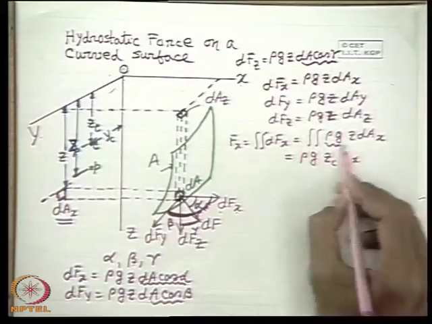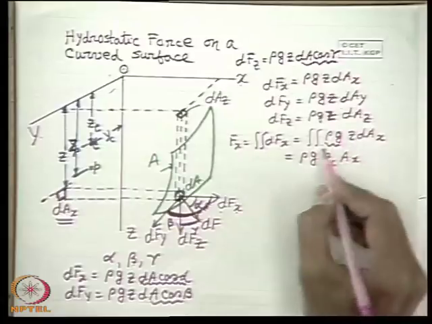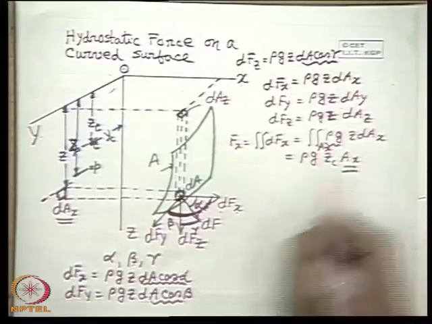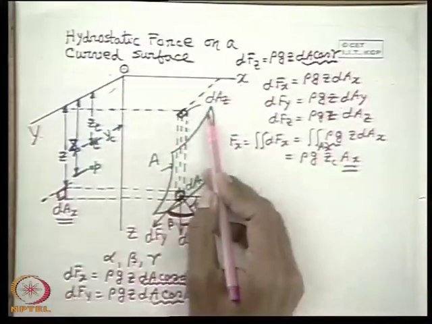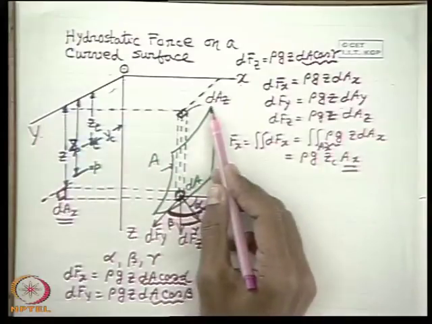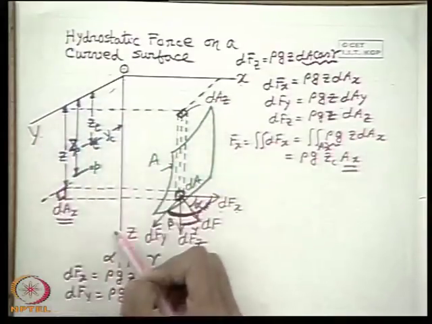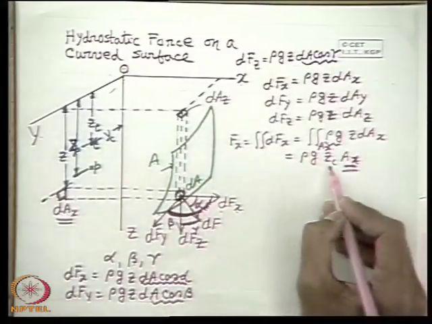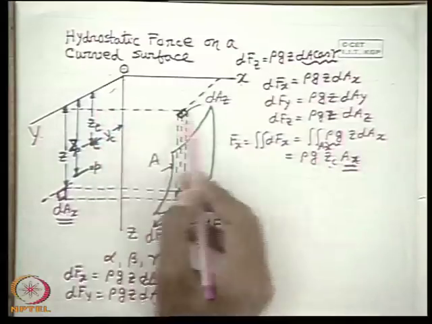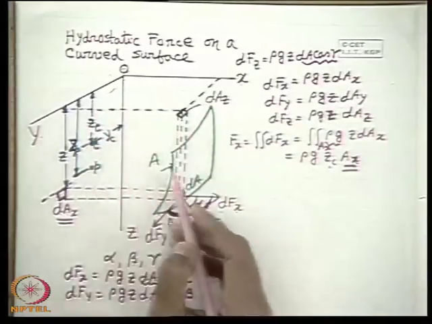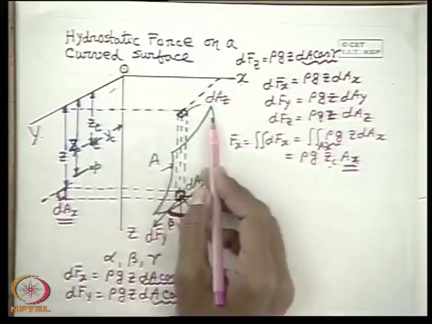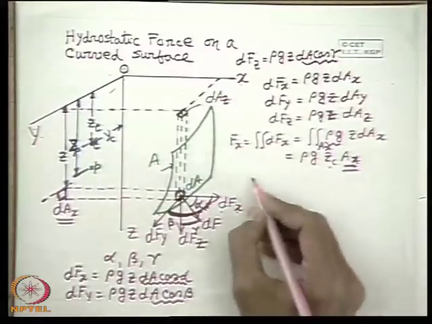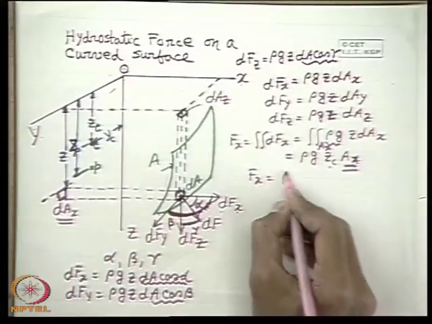If you take rho g out, then the double integral of z dAx is made over the entire area Ax, where Ax represents the projected area of this entire curved surface area A on the yz plane, that is the plane perpendicular to the x axis, and zc represents the center of area of that projected area. Or you can tell the projection of the center of area of the curved surface on the yz plane, both are same.